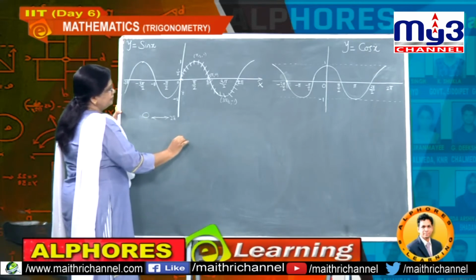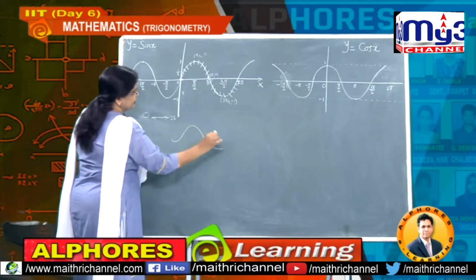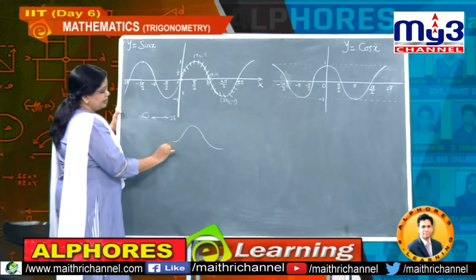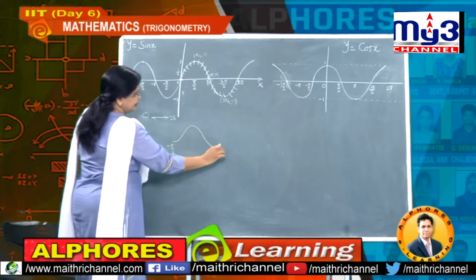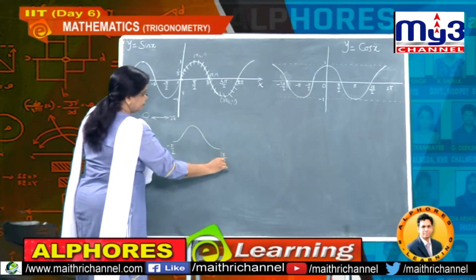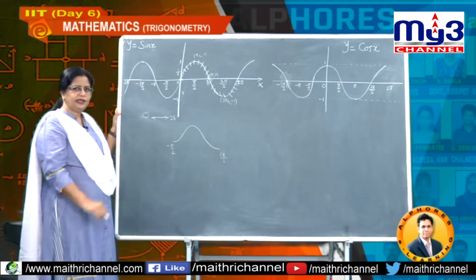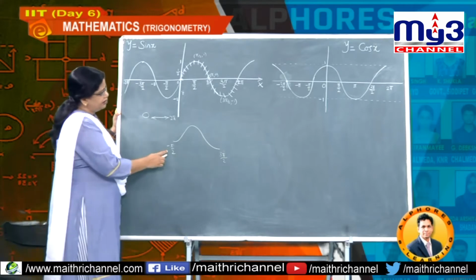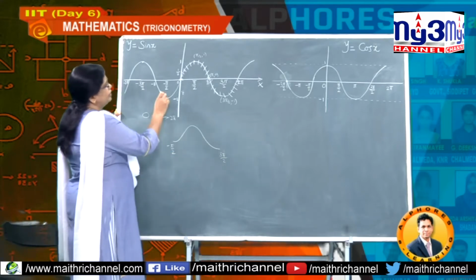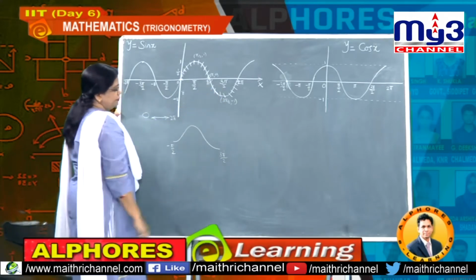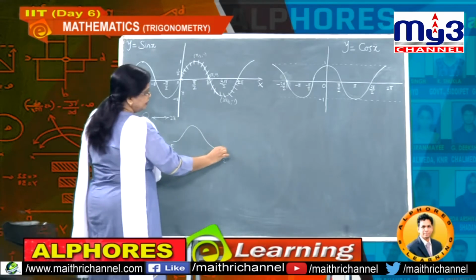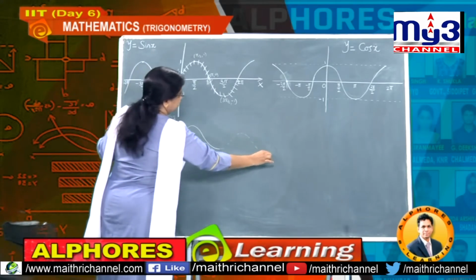What is that shape? It is coming like this. This is minus pi by 2, and this one is 3 pi by 2. Then what is the difference between these values? It is again 2 pi. So from minus pi by 2 to 3 pi by 2, again the same shape repeats.